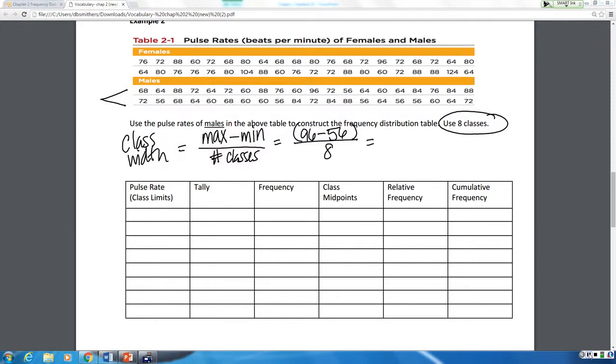Now, some of y'all, when you did that in the calculator, which is what you're supposed to do, what number did you get from the calculator? You got 5. But you have to remember, what do you have to always do? So my actual real answer is 6. Is that okay?